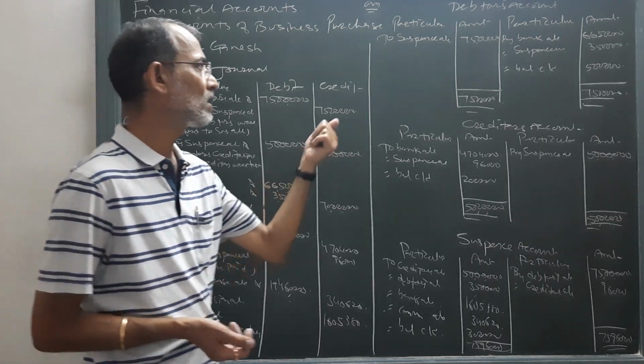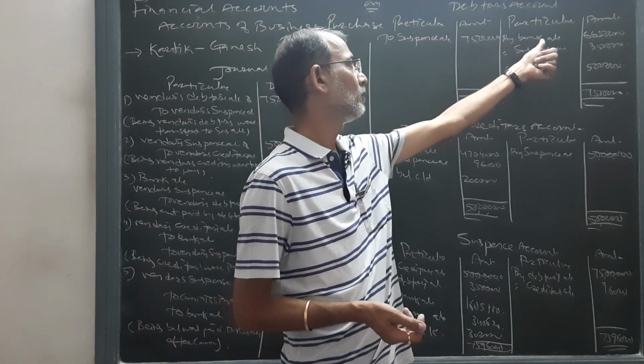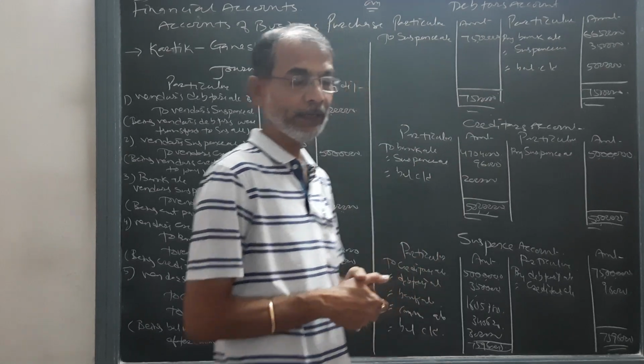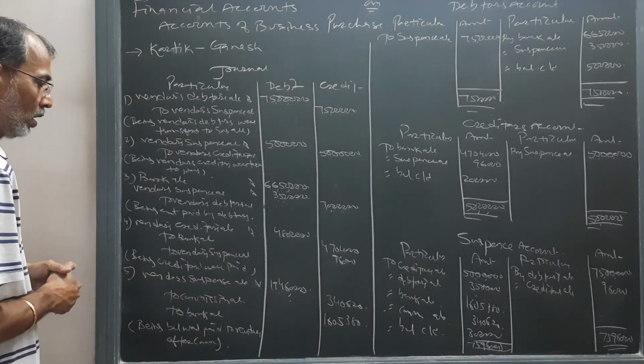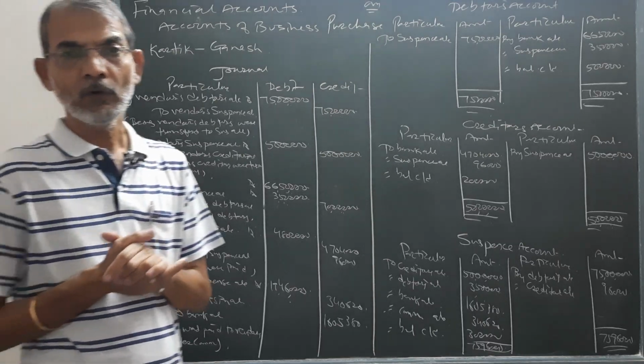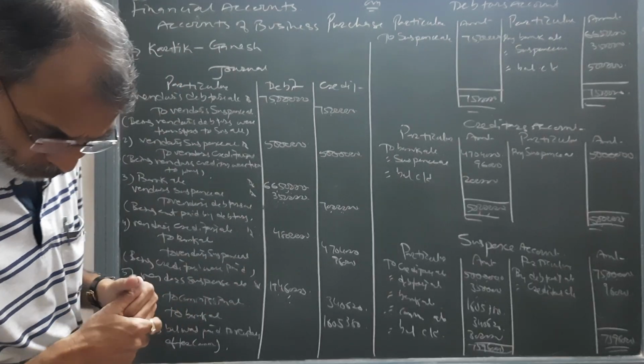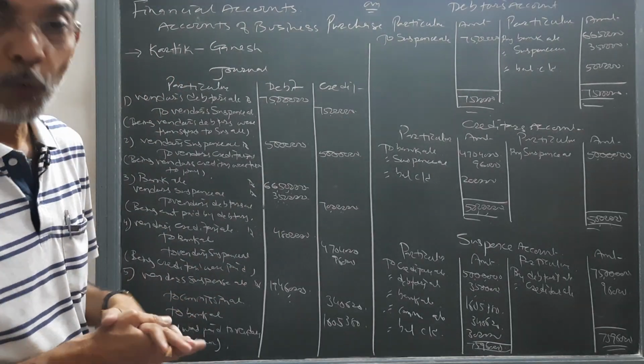So on debtors, creditors account, credit side, bank account and suspense account will be credited. Creditors of 2 lakh were kept aside, so the remainder was paid after 2% discount.